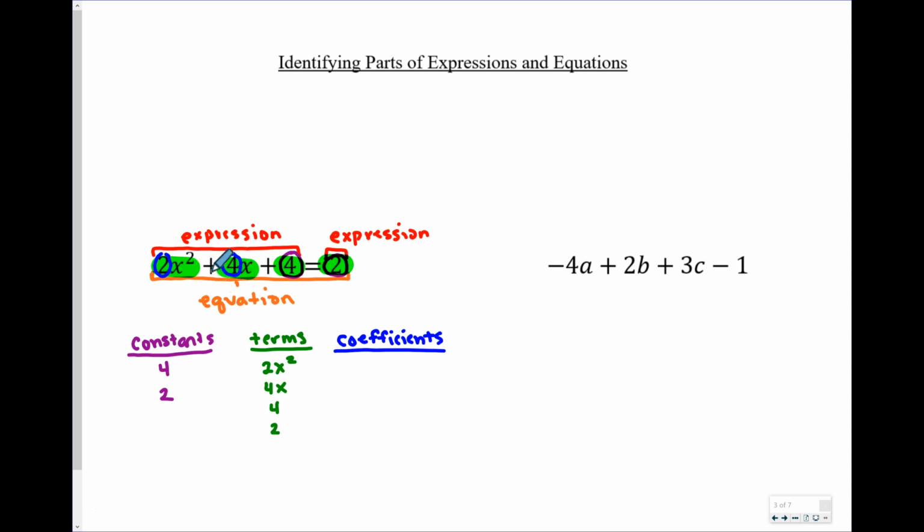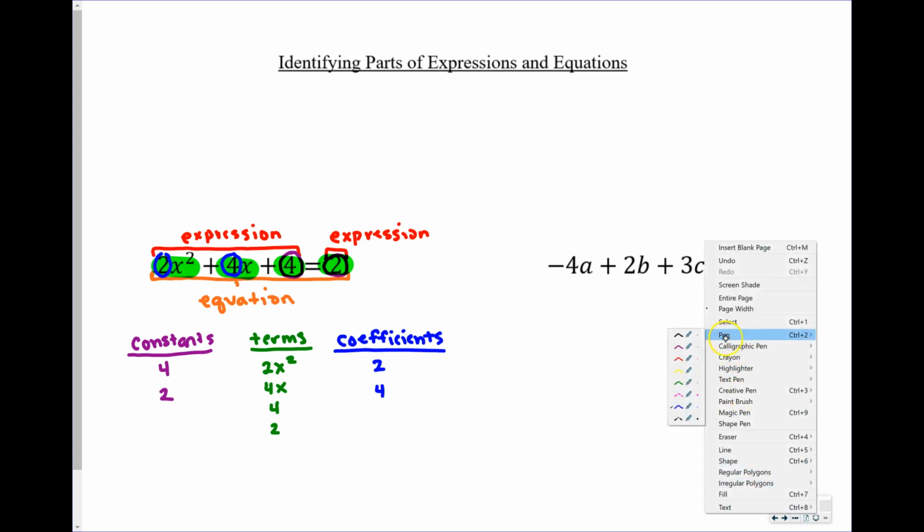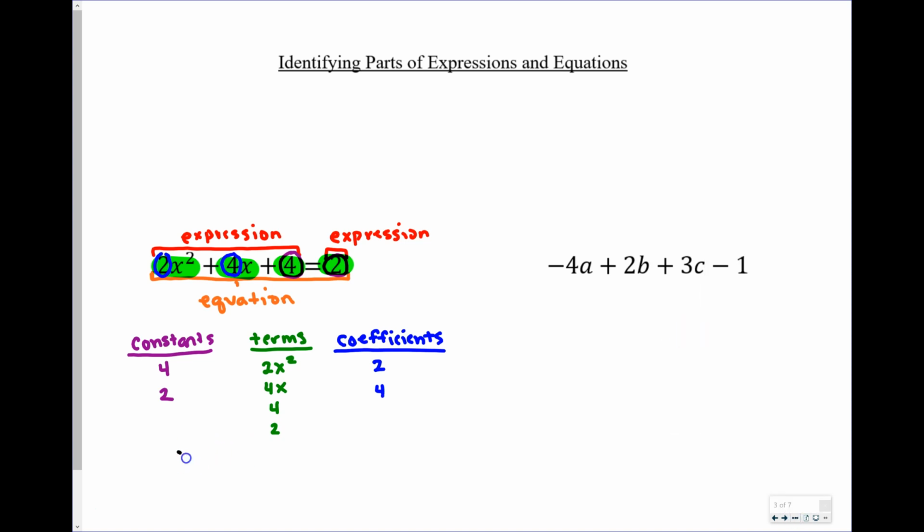They are in front of the x. 2 and the 4 are coefficients. Okay. The last thing I want to be able to identify are the variables. So this particular equation only has one variable, and that is an x. Okay, I don't see any other variables in this problem, so these are all of the things I want us to be able to identify.